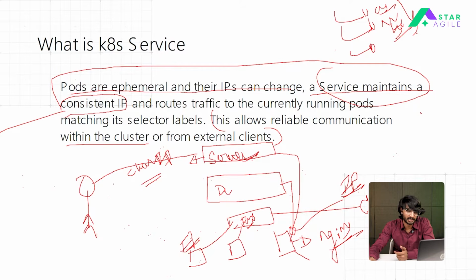Instead of that, he uses the service IP, that is in other terms called the cluster IP. Once we implement this practically, I'll show you. So this user will take the help of the ClusterIP to reach out to the pod. Once this user tries to access the ClusterIP, the request will be sent to the service. The service in turn will reach out to the pods based on their labels, not your IP addresses. Right.